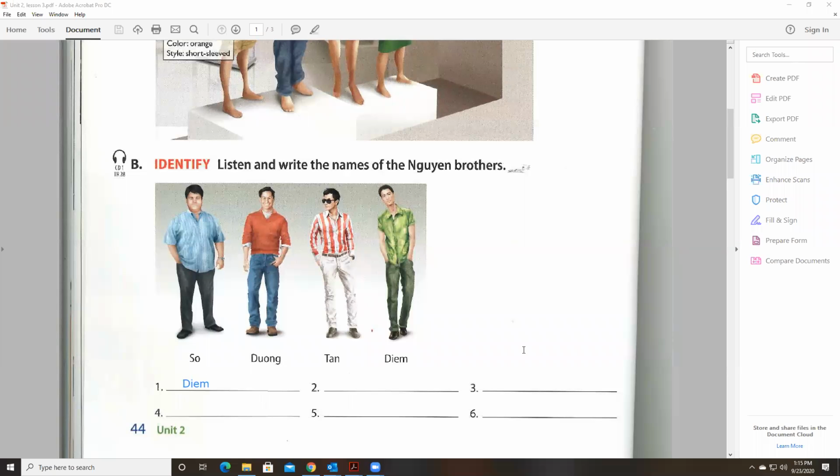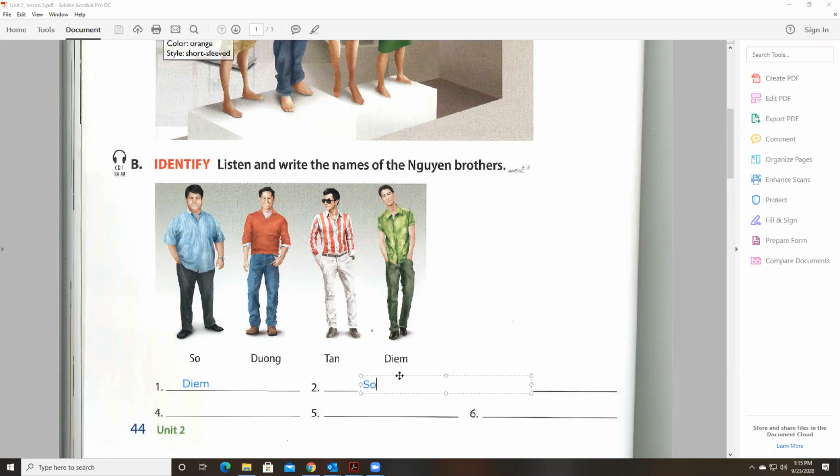So DM. Number 2. One of the brothers is bigger than the rest. He works out and exercises a lot. He is wearing an extra large blue striped short sleeve shirt. Okay, that is so. He's a little bit bigger than the rest of them.